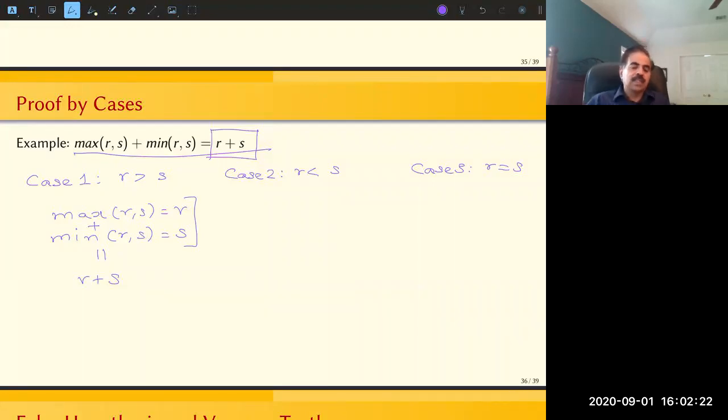So I presume you can see how the proof would be basically the same here, except that in this case, max will be S. So things are flipped here, but when you add them up, the result is still the same. So you get S plus R equals R plus S.